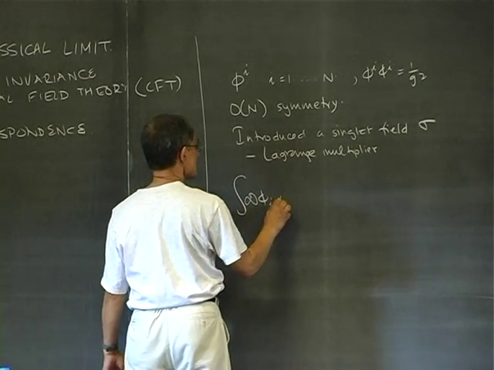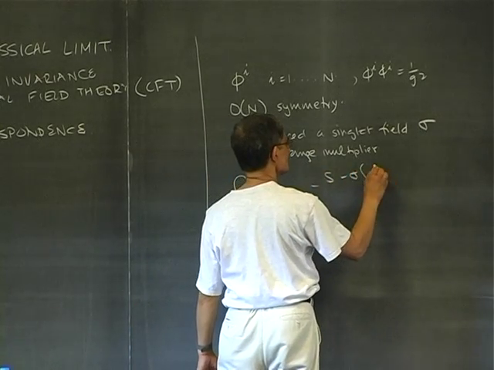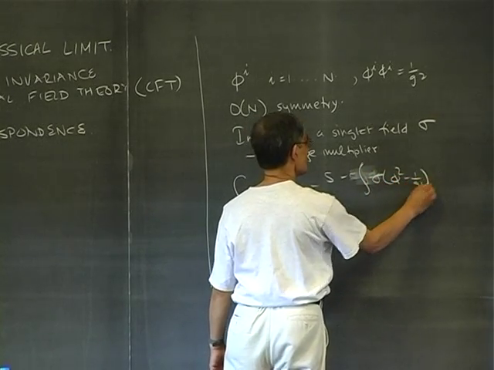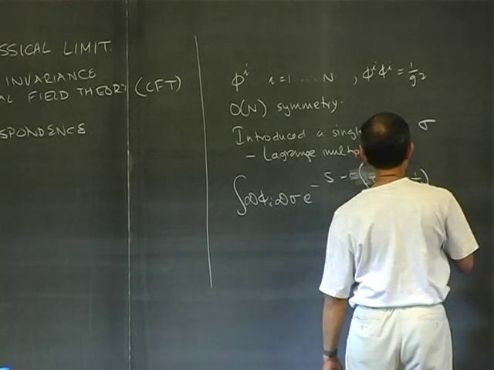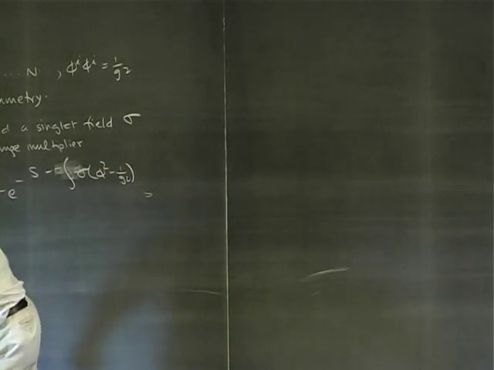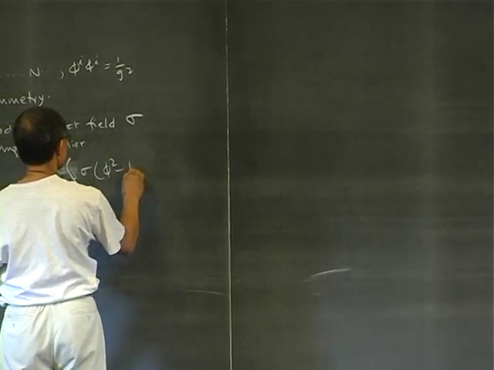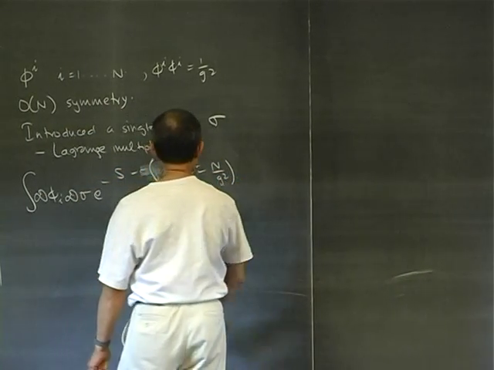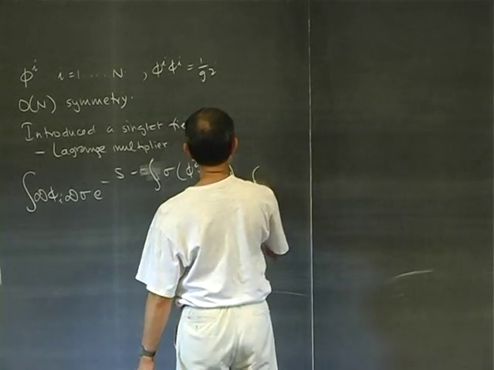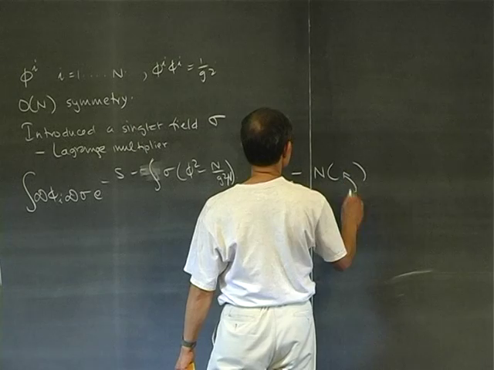So we had an action, I'm writing symbolically. And then we noted that I sort of massage it like this, N upon g square n, and this became n times something, some functional of sigma.